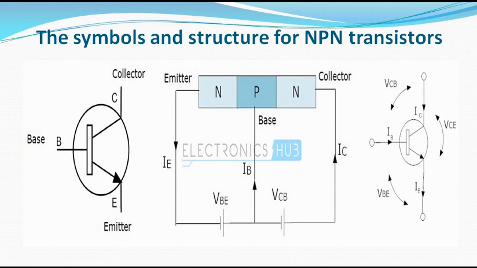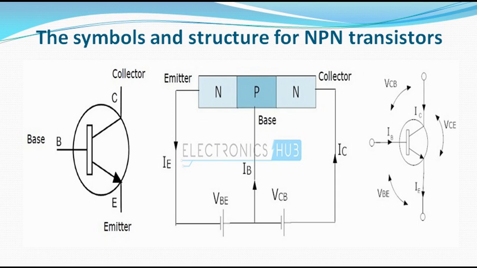So in that case, the majority charge carriers in the PNP transistor are holes. And remember, the majority carriers in NPN are electrons, while in PNP it is holes, and electrons are the minority charge carriers.